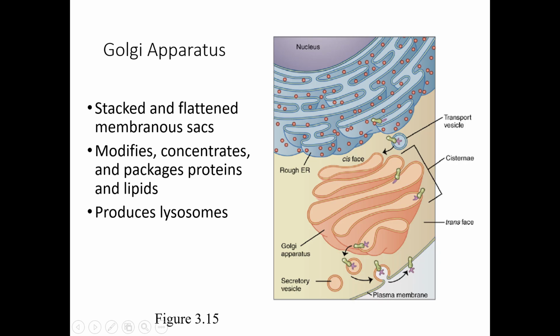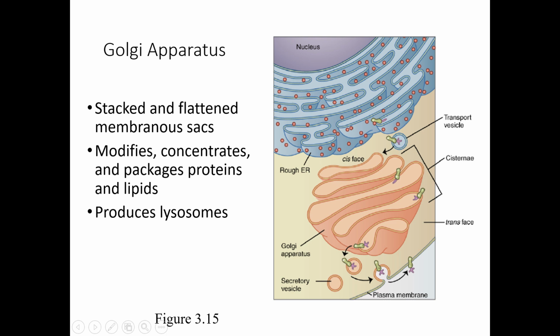Okay, between the endoplasmic reticulum and cell membrane, there will be the Golgi apparatus, also made of folded membranes. Golgi apparatus modifies all those molecules produced in the endoplasmic reticulum, those proteins and lipids.